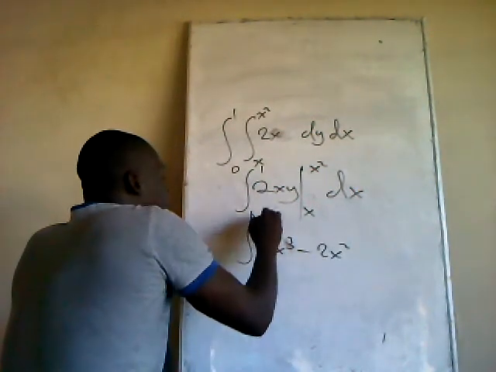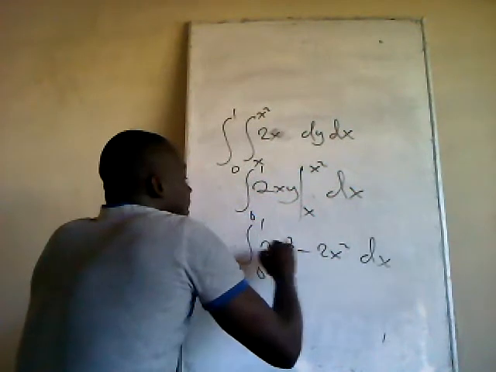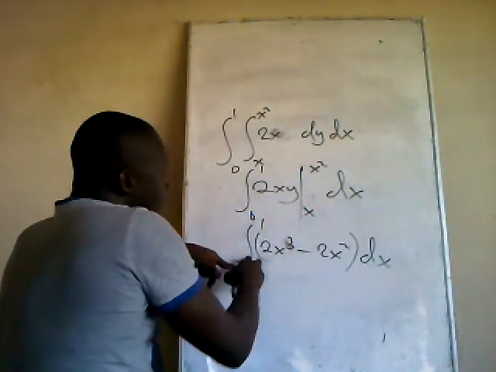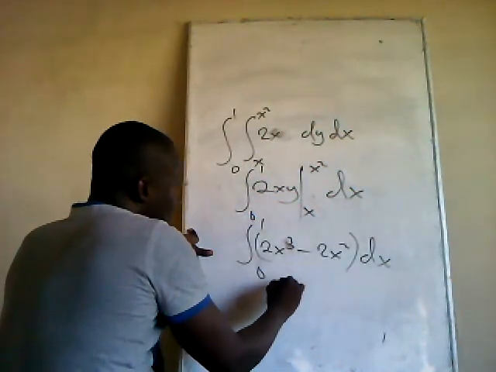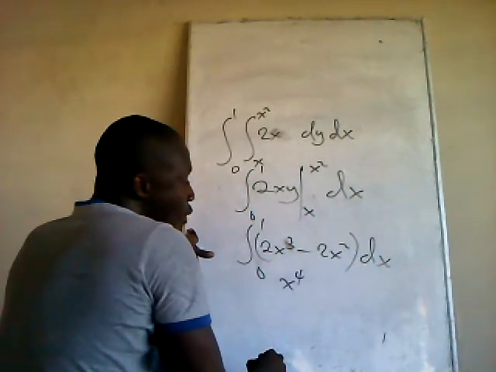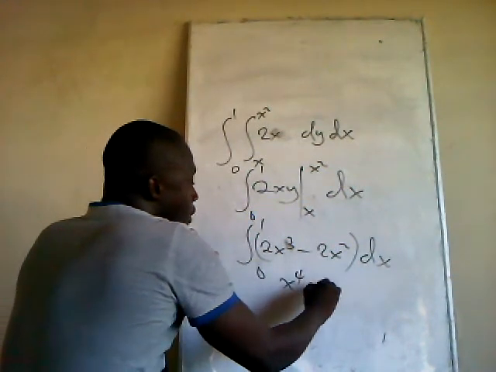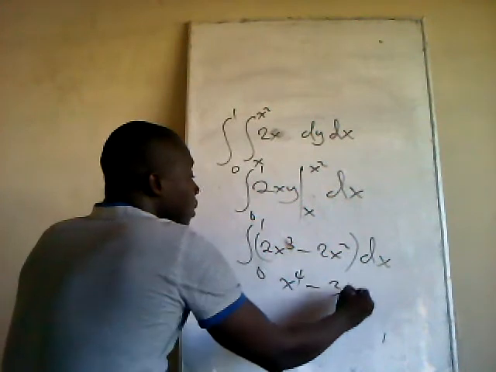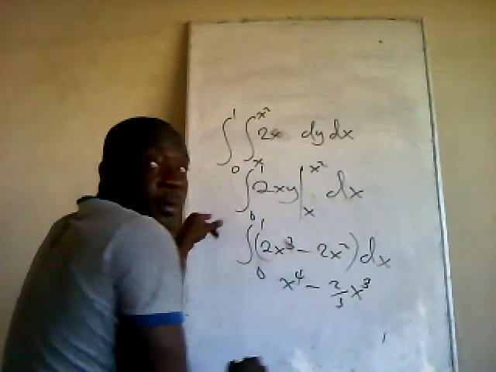This is what I'm integrating from 0 to 1 dx. If I integrate this, I get x to the power 4 over 2 minus 2 over 3 x to the power 3.